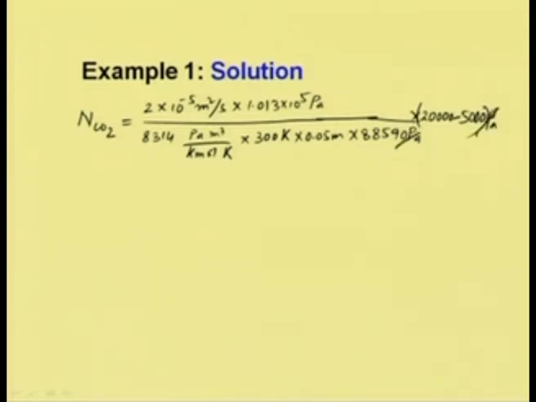So, this will cancel out and this will cancel out. If we calculate, the flux will be 2.75 × 10 to the power minus 6 k mole per meter square second.